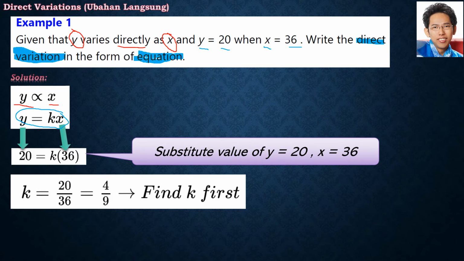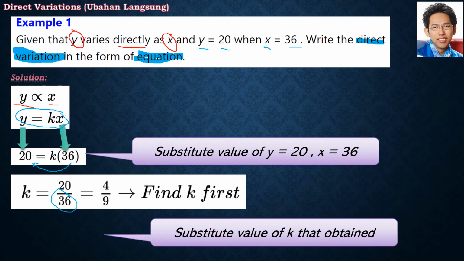So we get the value of k by solving this mathematics problem. K multiplied by 36, 36 moves to the other side, becomes divide. Okay, this one we simplify, so this is our k.